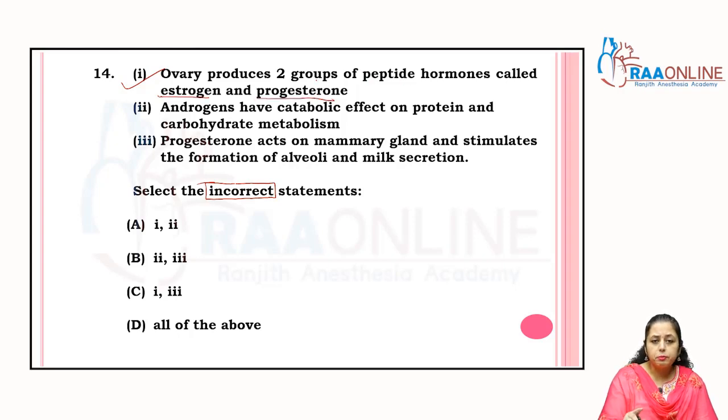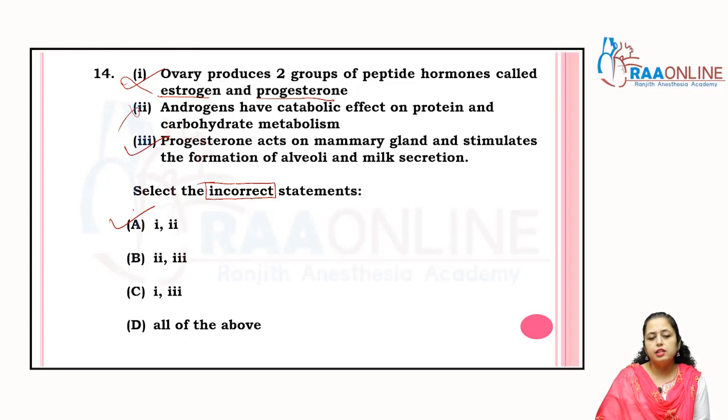So that statement is incorrect. Androgens have catabolic effects on protein and carbohydrate metabolism. No, wrong. Progesterone acts on the mammary gland and stimulates the formation of alveoli and milk secretion. Correct. So the incorrect statements are 1 and 2. So the answer is A.